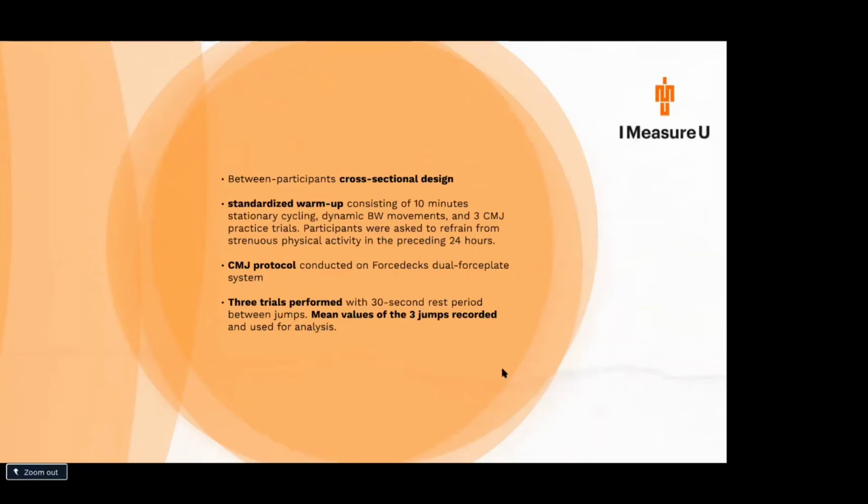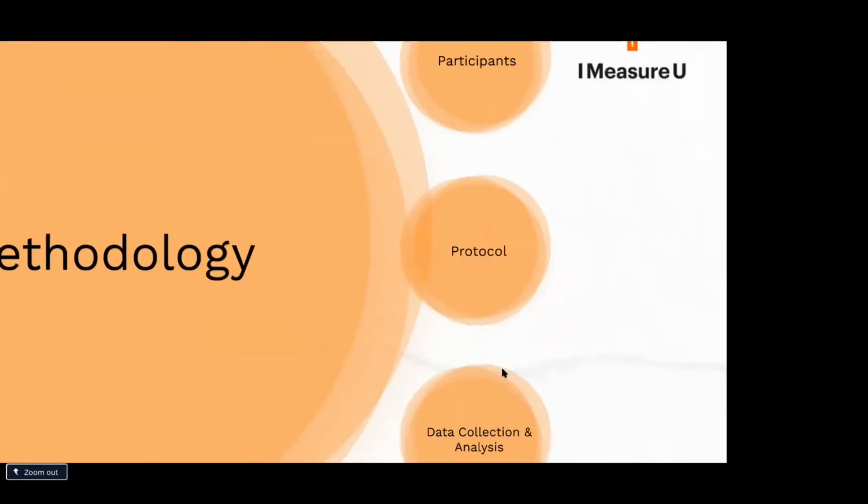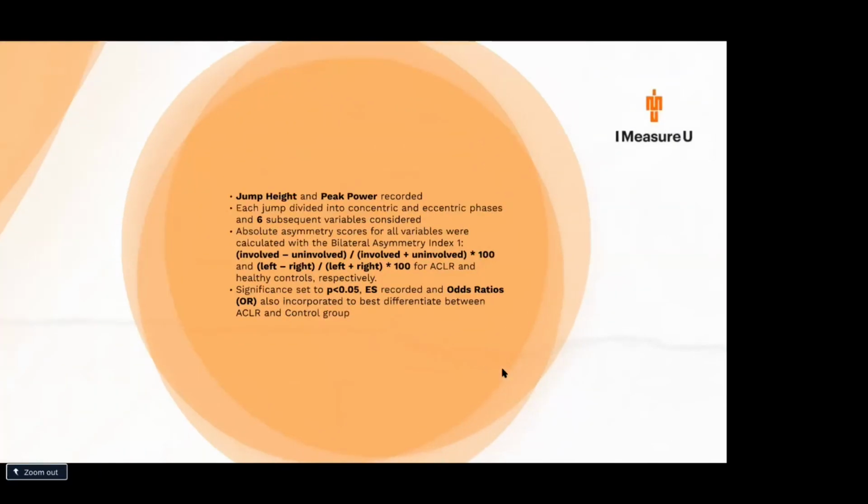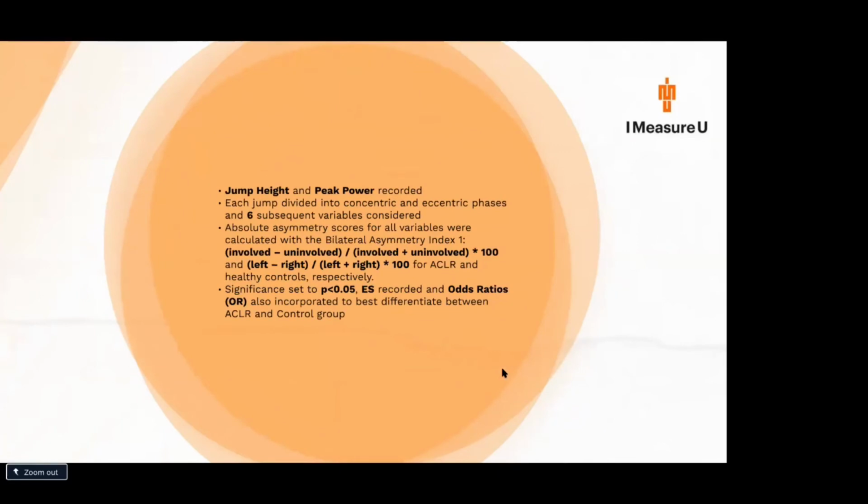Participants were asked to refrain from strenuous physical activity in the preceding 24 hours. There were 3 trials performed overall, and the mean value of those 3 jumps was recorded and used for analysis.